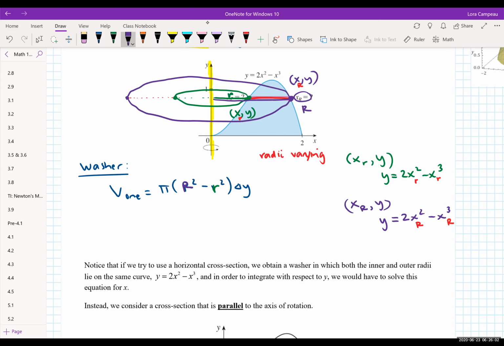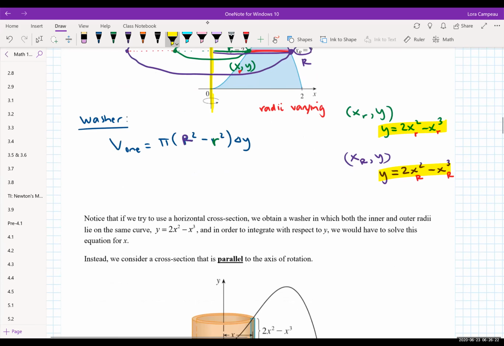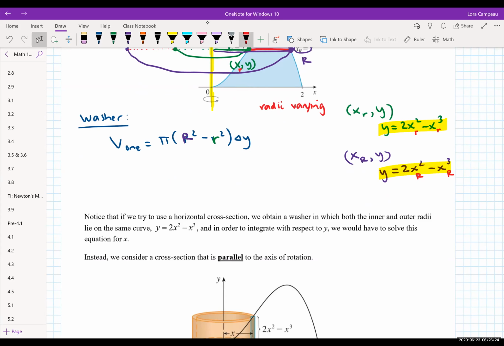But if everything has to be in terms of delta y, we would have to take both of these equations and solve them for x in order to turn everything back into terms of y for our r's. I wrote it down because sometimes it's too hard to write while you're trying to understand the idea: if you're solving these equations for x, the ones I've just highlighted, it ends up being a bit too hard.